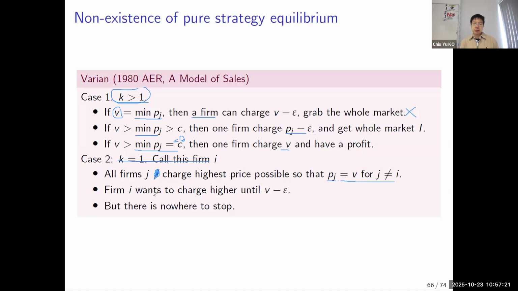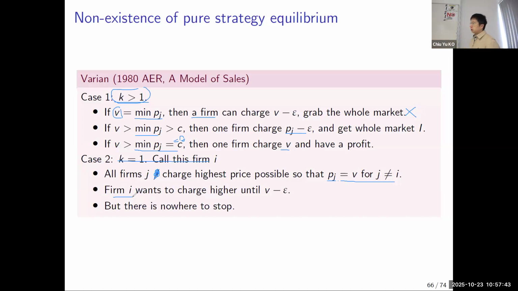Now consider the case where one of the firms is the lowest, right? So the other firm actually charges the highest, but that will not be an equilibrium because if you're the lowest, you want to keep increasing, right? But there's no way to stop.